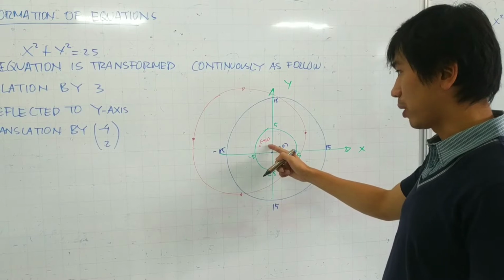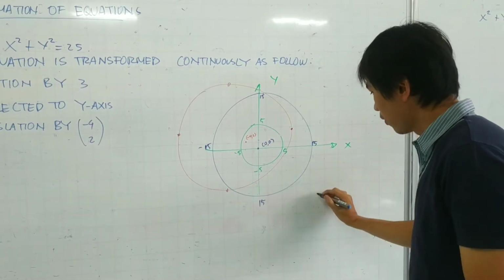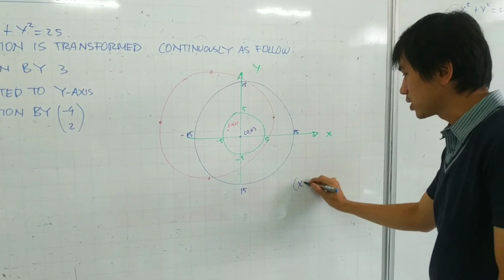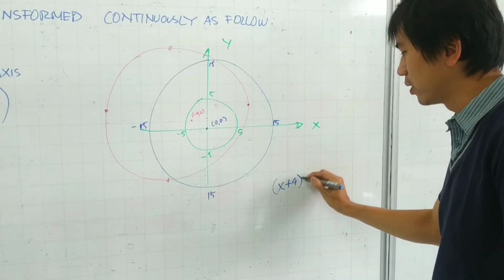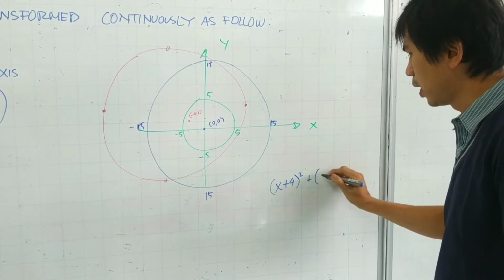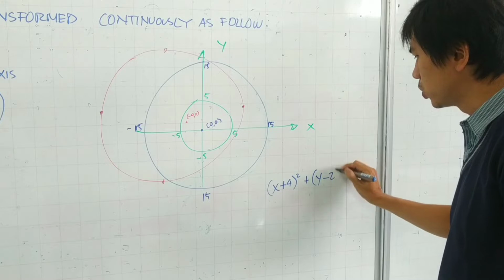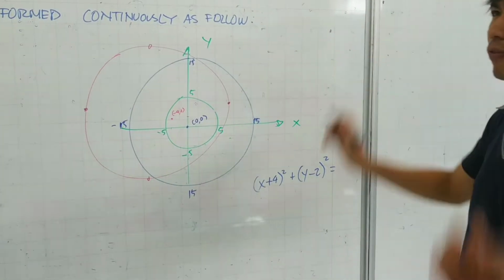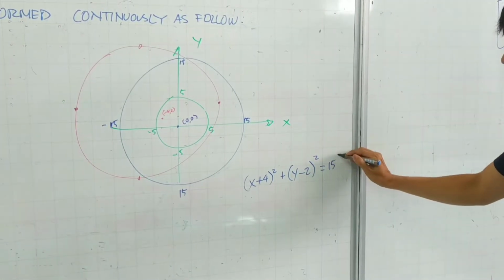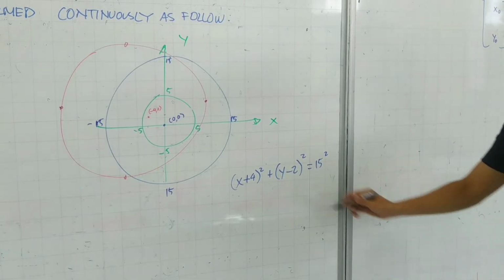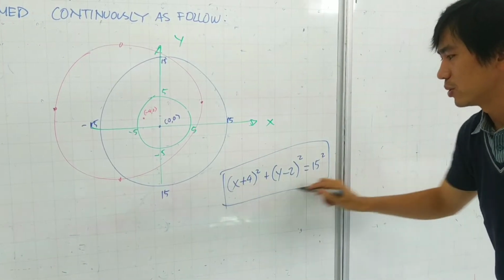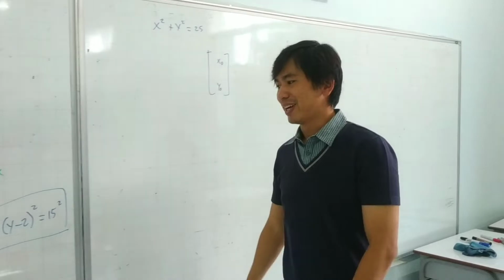You have -4, 2, which means that for the circle, you'll have x plus 4 and y minus 2 squared equal with 15 squared, right? Equal with 15 squared. That's the equation we're trying to get. Okay.